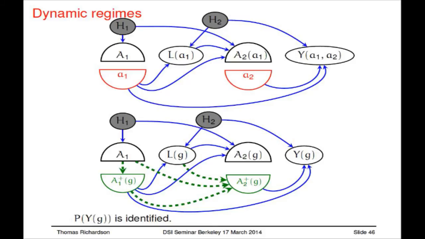We think that certain patient histories up to that point in time mean that you'll have a better outcome if we give you one level of A2 versus another level. For example, people worry about over-treatment, about circumstances where we're giving people too much treatment. So you can imagine a rule that says, if this intermediate suggests that you're actually doing better, then we're going to stop treating you. So the framework extends to that in a fairly simple and natural way.